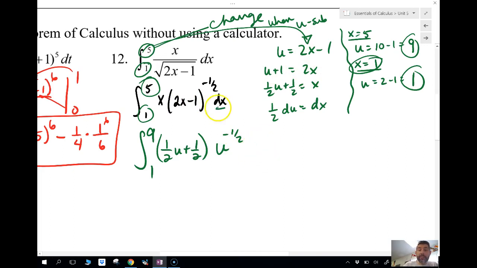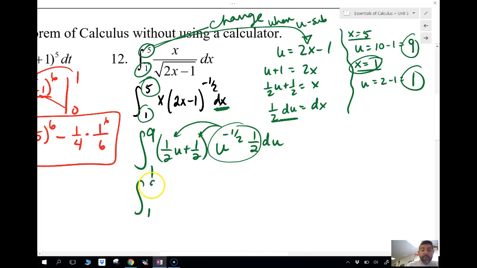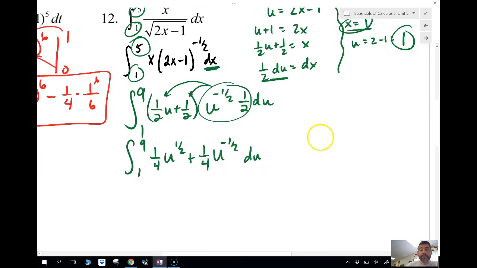And instead of dx, I'm going to have 1/2 du. Now we've got to distribute this in here. So I'm going to have the integral from 1 to 9 of 1/4 u to the 1/2 plus 1/4 u to the negative 1/2 du.